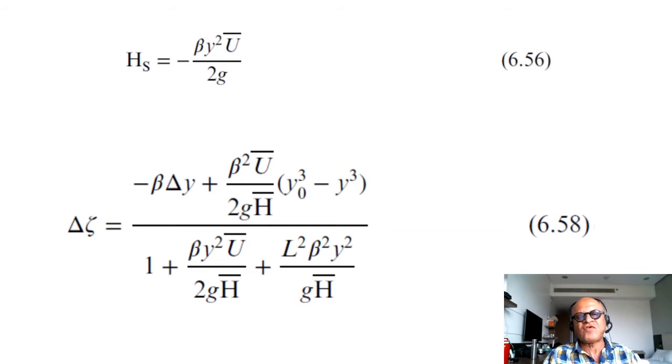It's a fairly straightforward derivation when there is a displacement of the fluid column in the meridional direction, and there is a scale of the mean depth and the horizontal scales involved as before.